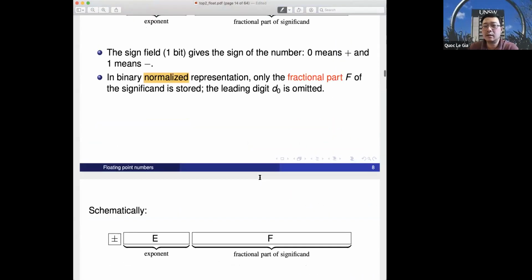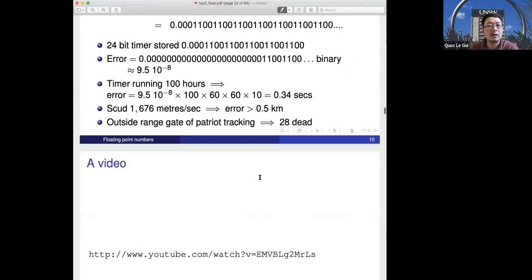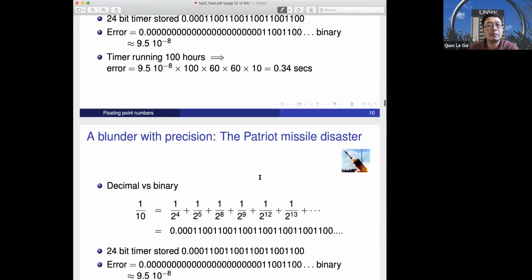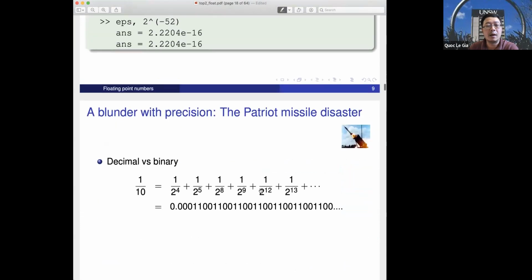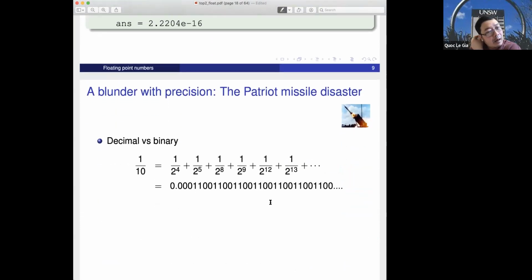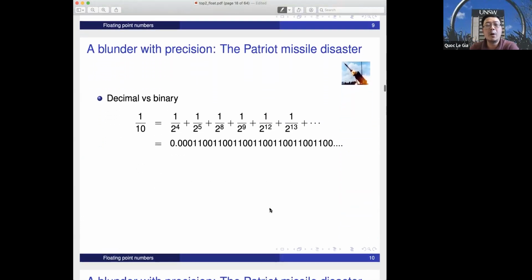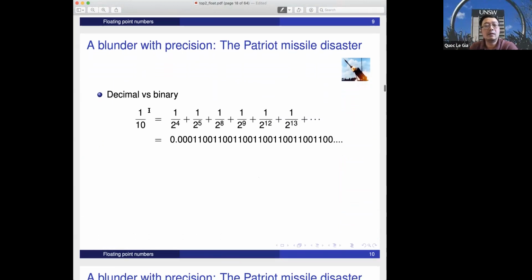There were some documented cases where they didn't understand floating point numbers well, and it caused disaster. For example, the first one is 1/10.